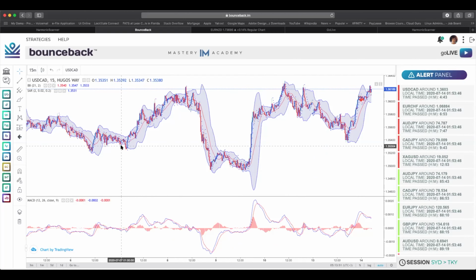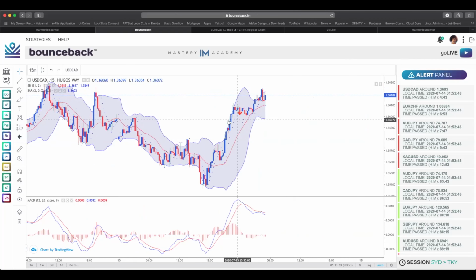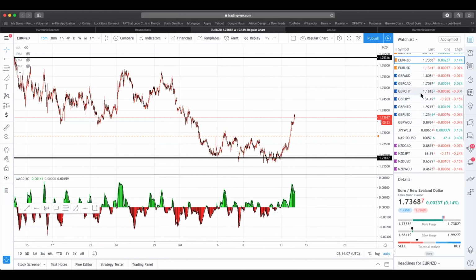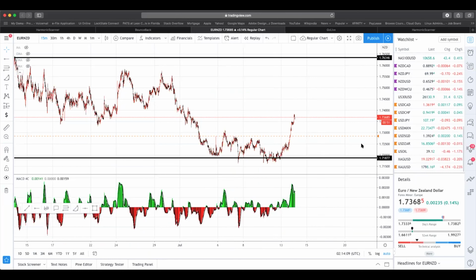So again, if you trade it with a basic strategy, you should be fine. Like right here, let's do this one. Me personally, I don't like this interface. So when I open Bounce Back, I actually have my TradingView right next to it. Bam. So let's just go here. What was that? That was USD/CAD. Move this guy down here.